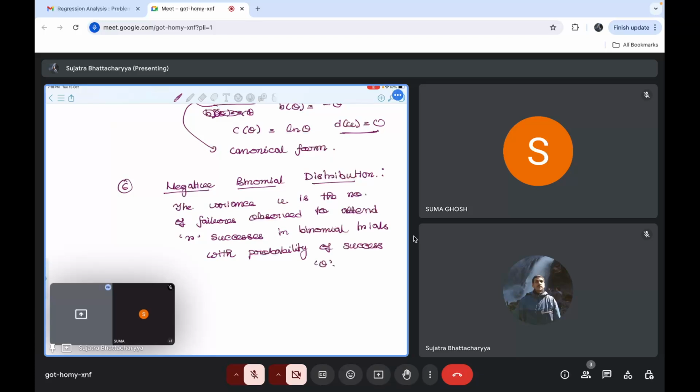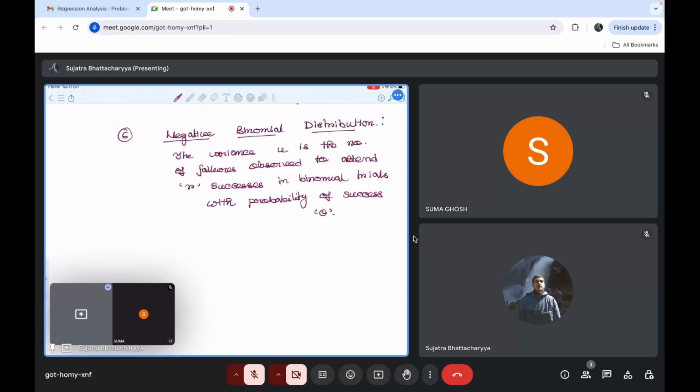It can be written as f of u comma theta equals r plus u minus 1 choose r minus 1, theta to the power r, and 1 minus theta to the power u.